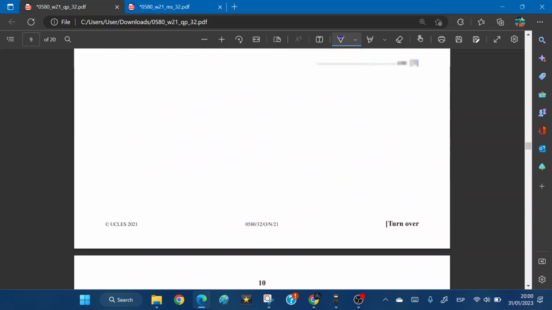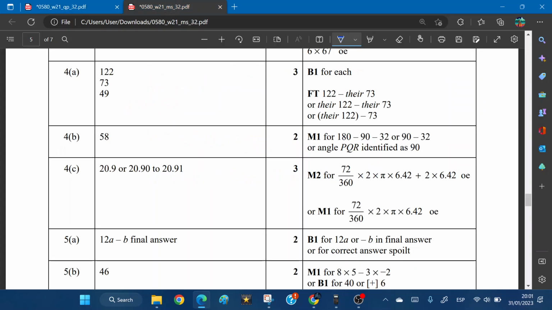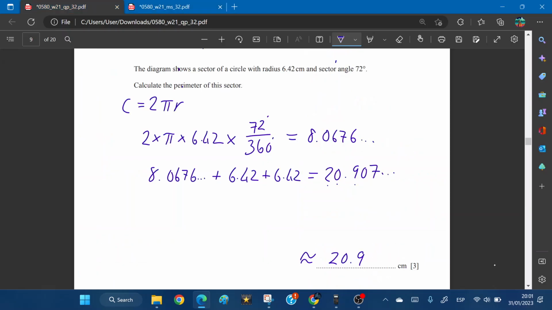We need to round it. 1, 2, 3 figures, 20.9. Look at the mark scheme. 20.9, spot on. But if you haven't rounded it, they'll still give you full marks. So don't bang your head over that.